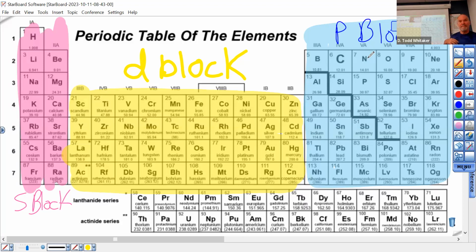Helium. Hydrogen has one electron in its s orbital, and helium has the second electron in the same s orbital. For that reason, helium could go over here. It would fit nice over there. So why is it way over here? Well, it belongs with the noble gases because its behavior is the same as all of them.